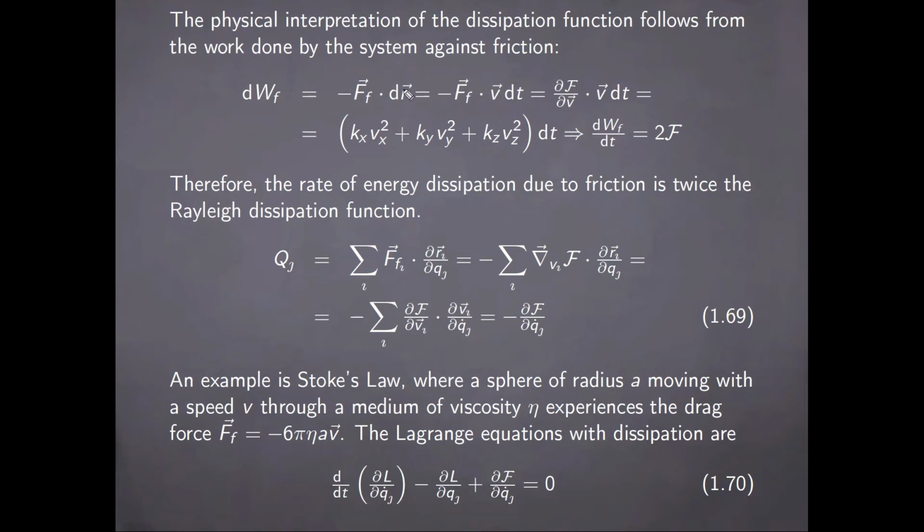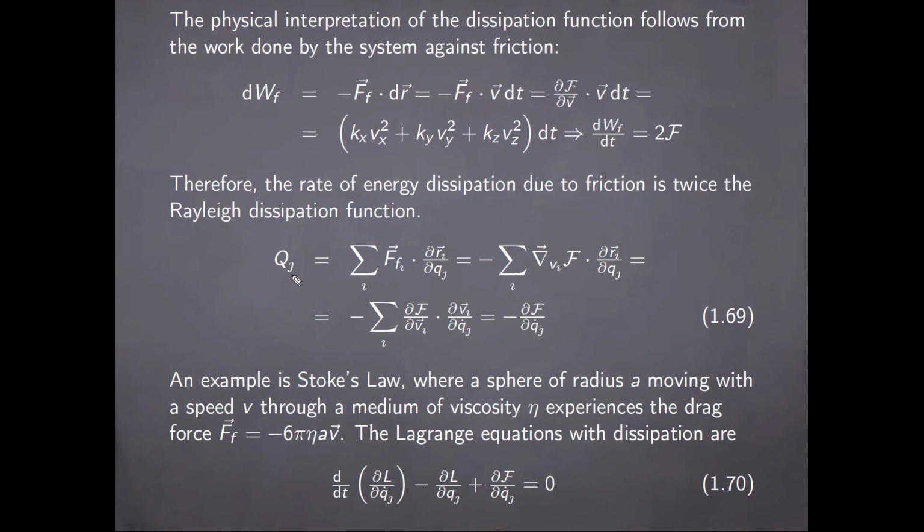But then I can write the force as the gradient with respect to velocities of the Rayleigh function, and then if I work it out, the immediate result is that I get this expression, which is just twice the dissipation function. So the rate of energy dissipation due to friction is twice the Rayleigh dissipation function, which is the result here.